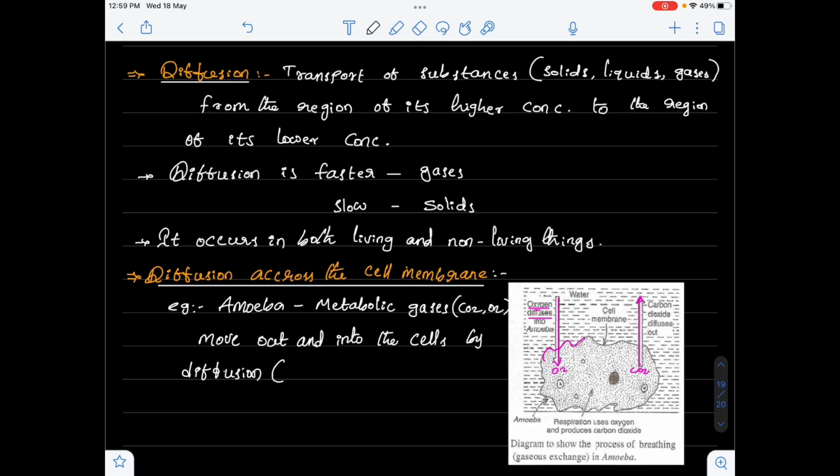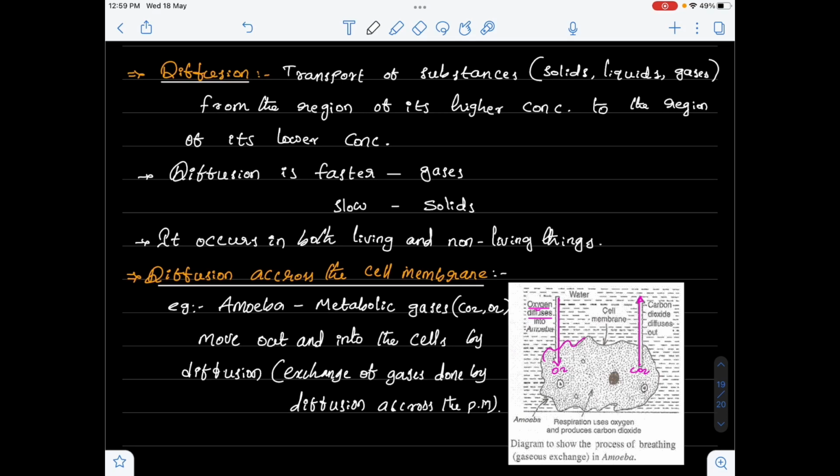So here we can see that exchange of gases is done by diffusion across the plasma membrane.